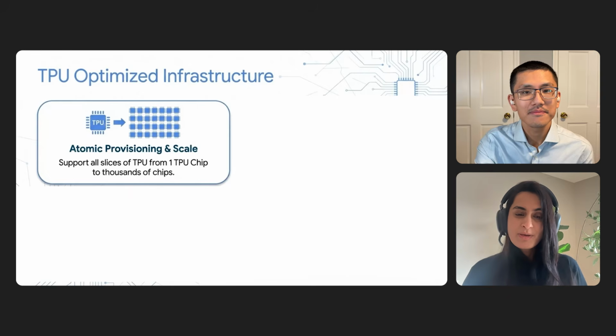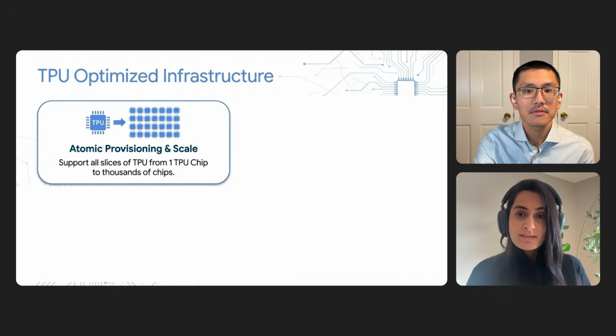So in the TPU-optimized infra, what does it mean? GKE is a platform that supports and exposes all different shapes and sizes of TPU, from a single chip to a single host to multi-host and multi-slices. It considers TPU slices as one atomic unit, which is necessary for your training and inference, right? Because they're one unit.